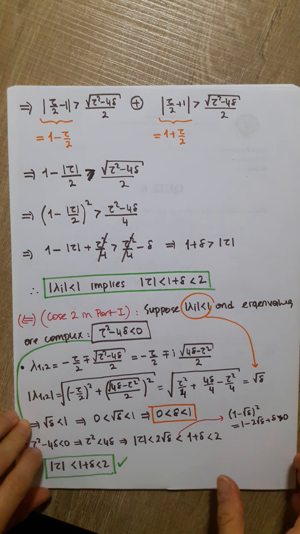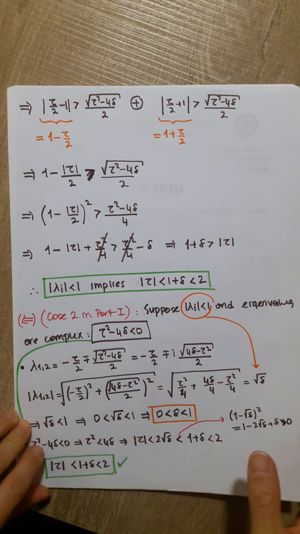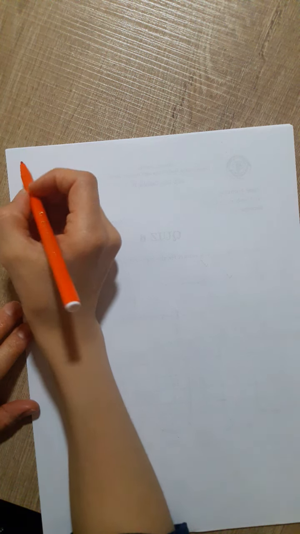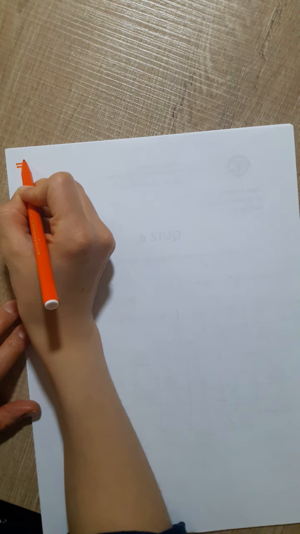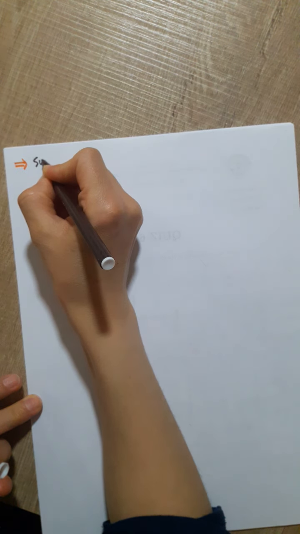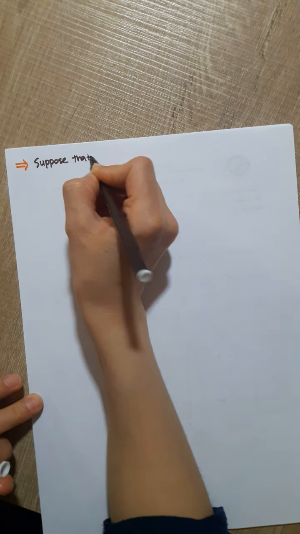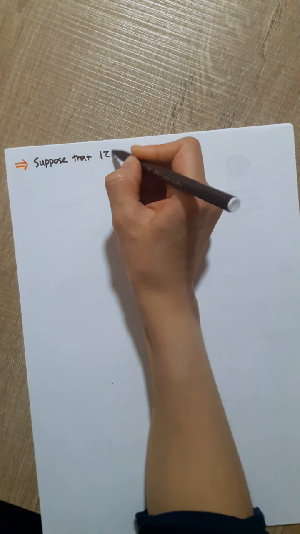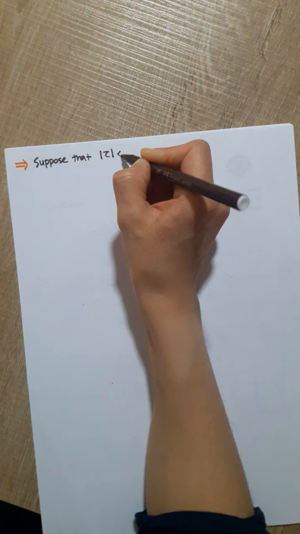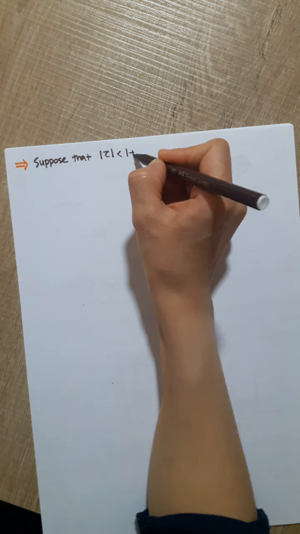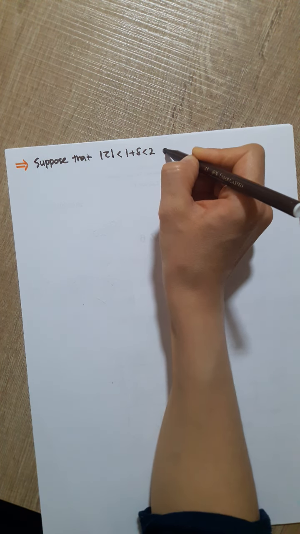Now let's talk about the second way, I mean this way. Now we assume that the absolute value of tau is less than 1 plus delta, and it is less than 2.